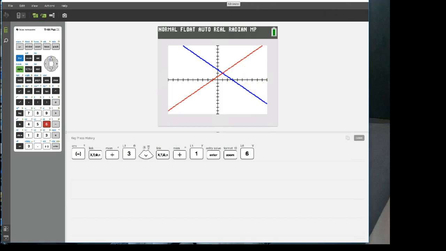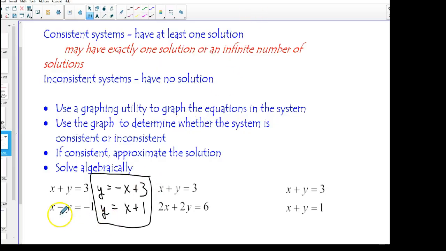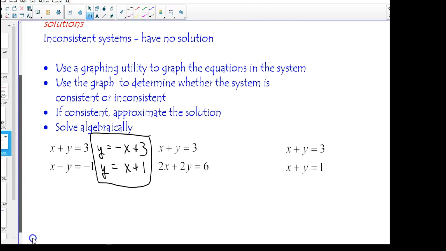Now to solve algebraically, what I could do is add these two equations together, and that gives me y plus y is 2y, negative x plus x is 0, and 3 plus 1 is 4, so that y is 2.